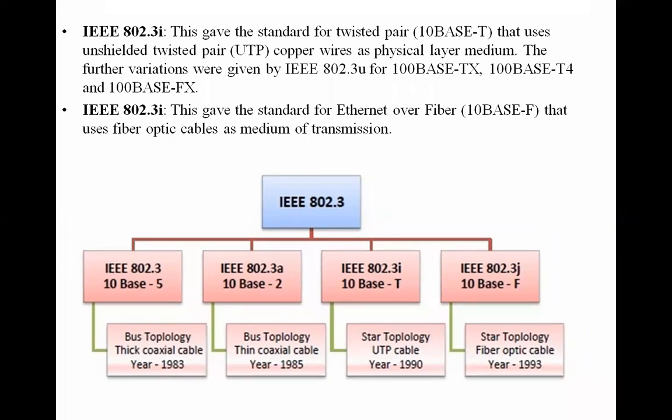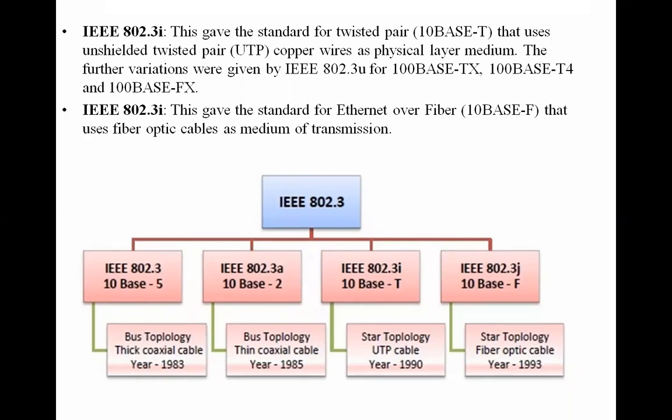This is one of the standards we are using, that is 10 Base-T, and it uses unshielded twisted pair. And different varieties and variations we are going to see in this IEEE 802.3i. Which are those variations?